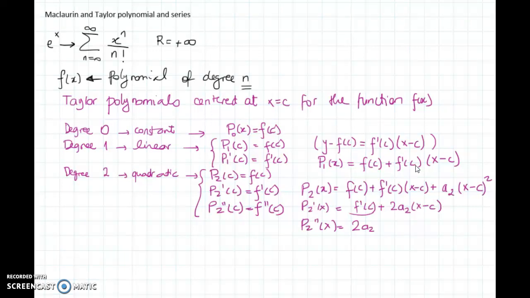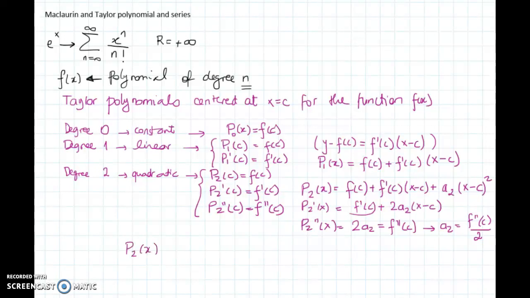And what we know is that we want this 2 times A2 to be the second derivative of the function evaluated at c. So we can find that we want the value of A2 to be the second derivative of the function evaluated at c divided by 2. So the novelty with respect to the pattern that we had before is that now we have this division that we didn't have. So let's write what our polynomial is.